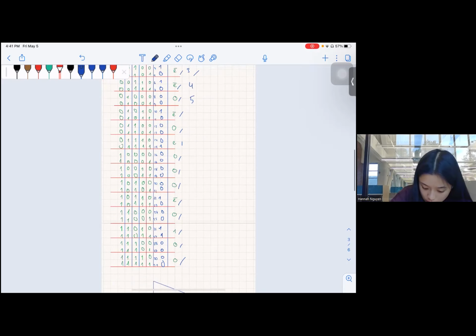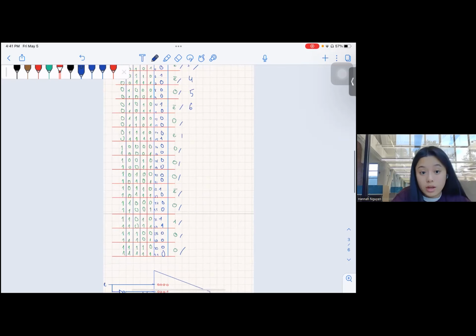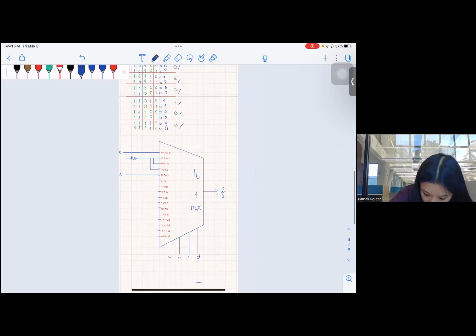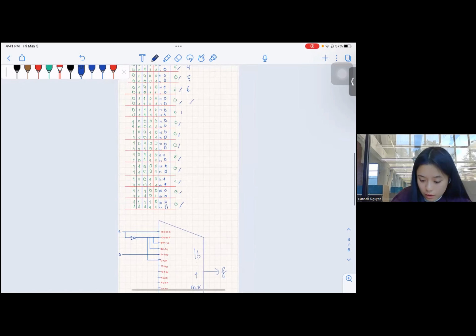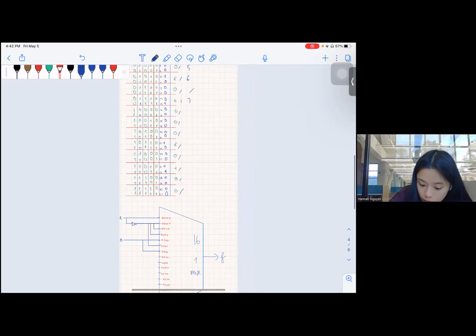The fifth is 0. The sixth is E negate. And then 7 is 0. This is 7, this is 8, and this is 9.